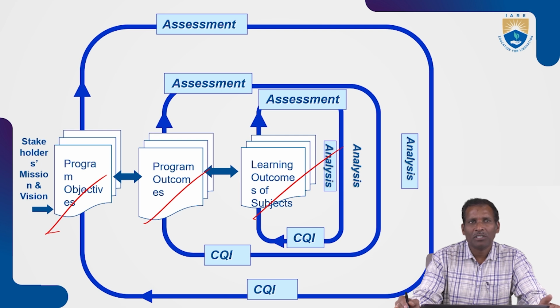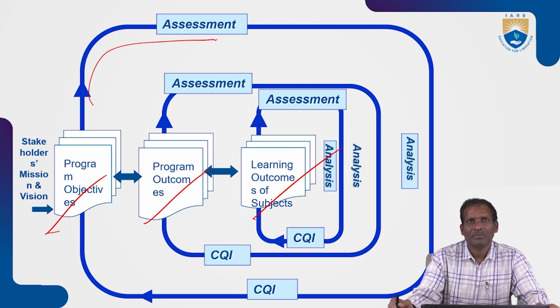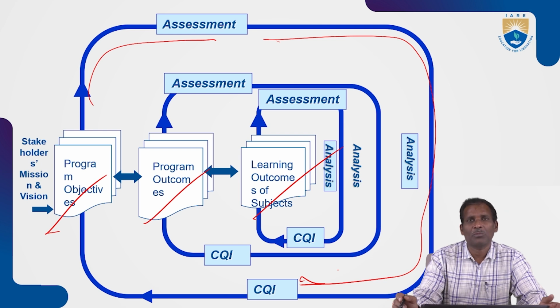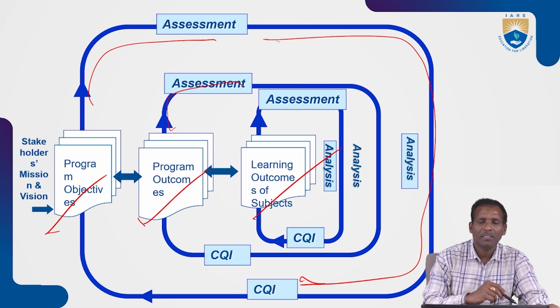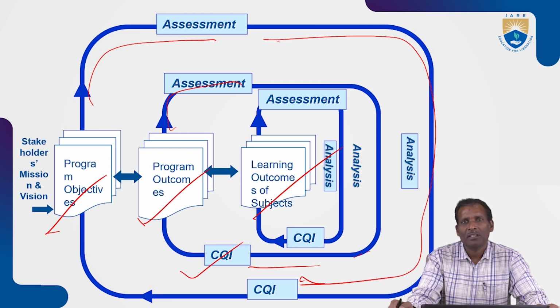After defining the program objectives, do assessment. Then, based on the assessment results, conduct continuous quality improvement, CQI. Similarly for program outcomes: assessment, and then CQI, continuous quality improvement.